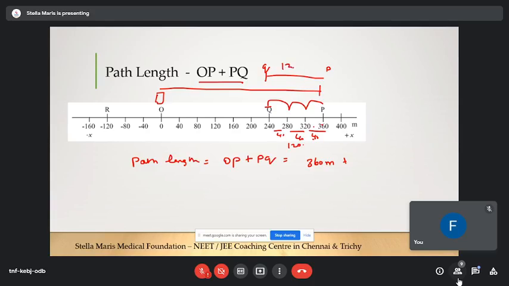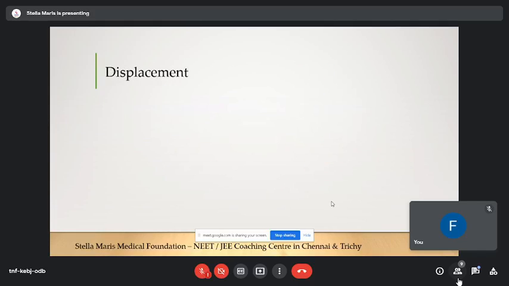Okay, so displacement, always remember, displacement is nothing but change in position. It is a vector quantity. It has magnitude and direction. Since it is a vector quantity, it depends upon direction.